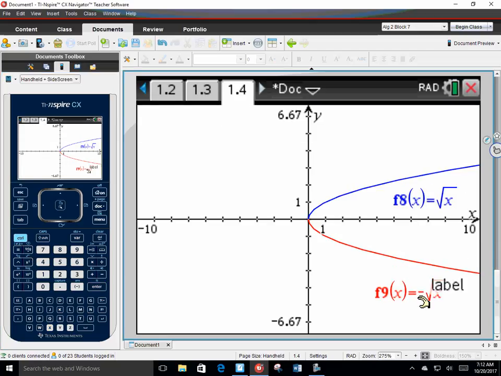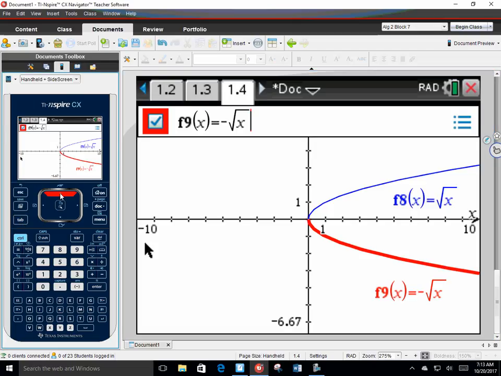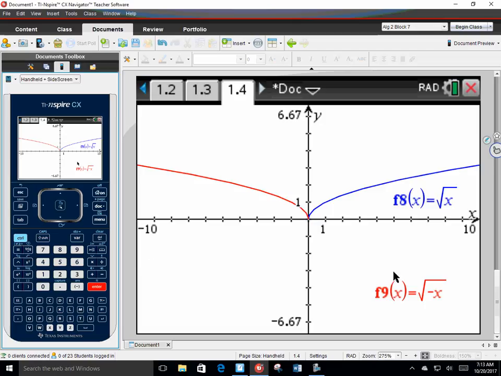So if I put that negative in front of the function, then it's going to reflect over the x-axis. What if I put the negative in with the x? Let's see what happens there. So I'm going to go back up. I'm going to take out that last graph, and I'm going to make it square root of negative x instead. Now what happened?